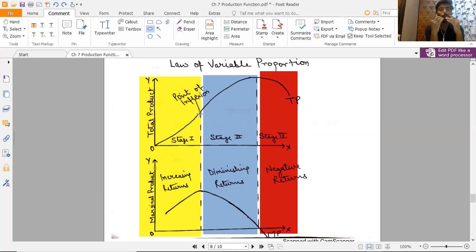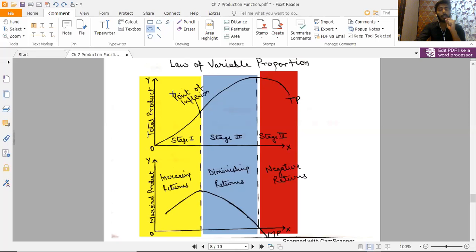But after this point, TP will start increasing at diminishing rate. So the point where TP changes its speed is known as point of inflection. So this is how the curve of TP and MP in law of variable proportion looks like.